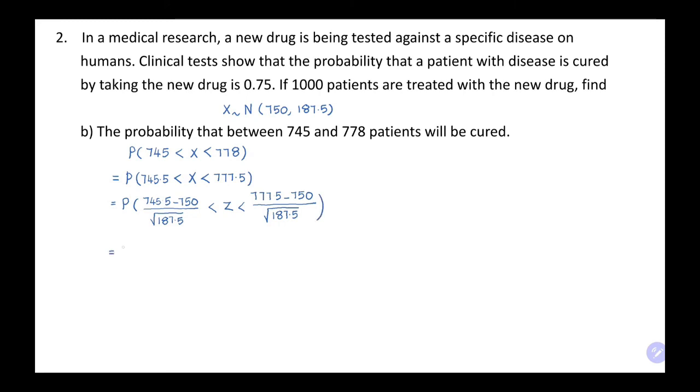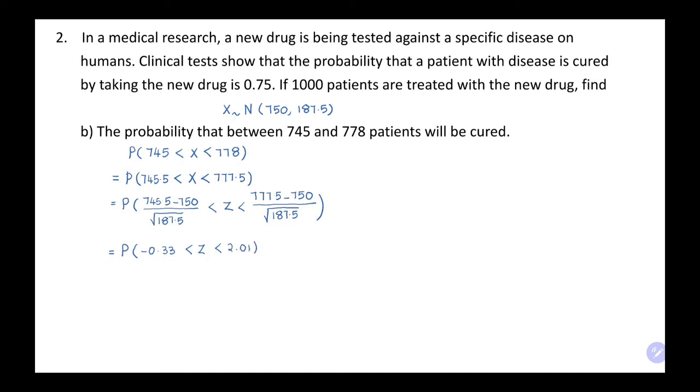Then we solve, we get negative 0.33. We take 2 decimal places for Z. And the other answer is 2.01.